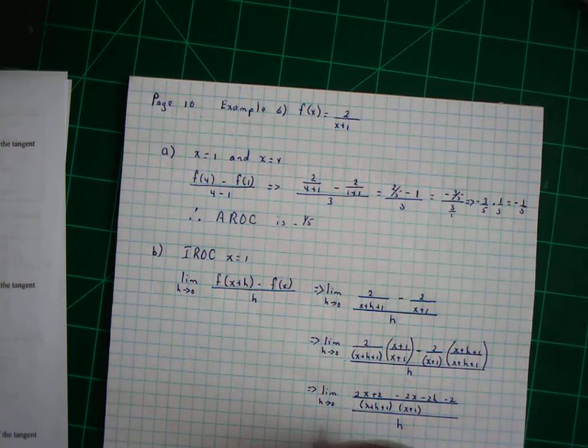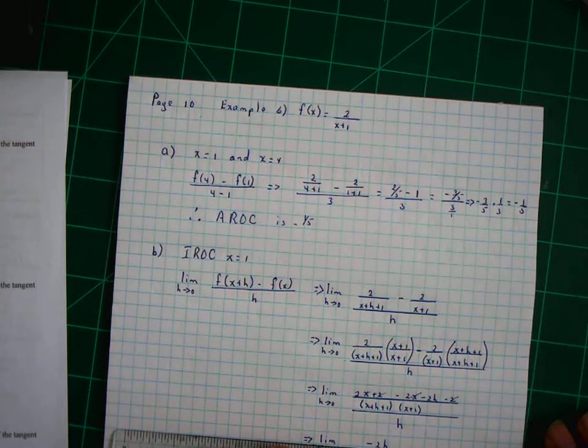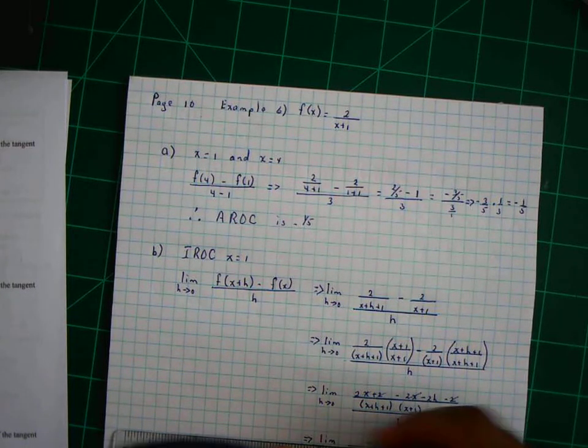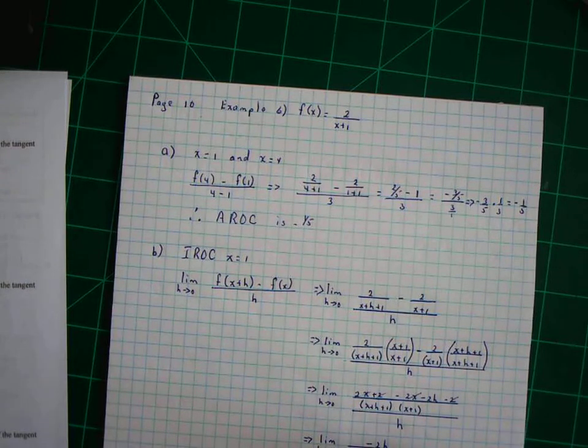Now, once again, I've got this improper fraction, so I'm going to invert it and multiply. Let's clean this up a little bit first. The 2x disappears, the 2 disappears, and I'm just left with negative 2h over x plus h plus 1 times x plus 1.